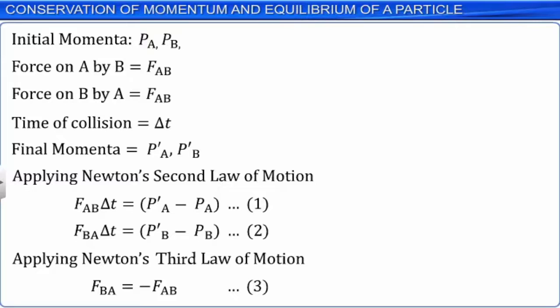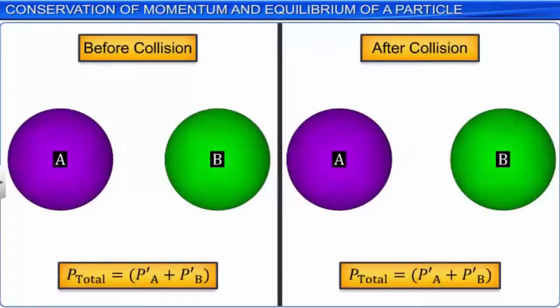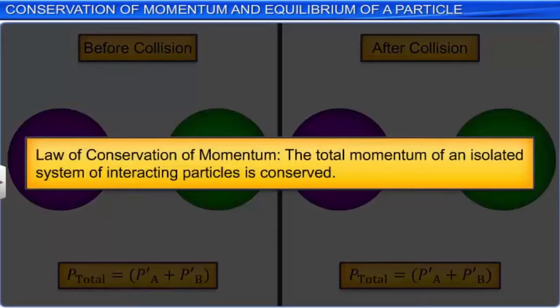Substituting the values from equations 1 and 2 in equation 3 and resolving, we get PA plus PB is equal to P-A plus P-B. This shows that the total momentum before the collision is equal to the total momentum after the collision. This proves that the law of conservation of momentum holds true for all isolated systems.